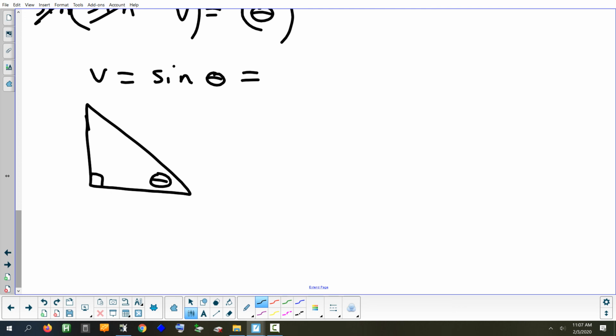Can someone remind me what sine is? It's what over what? Opposite over hypotenuse. So he just told me the two sides I'm working with. Opposite, hypotenuse. I need to label those two sides so that when I divide the opposite by the hypotenuse, I get V. So based on what we did last time, anyone think they could tell me what I should make the opposite?